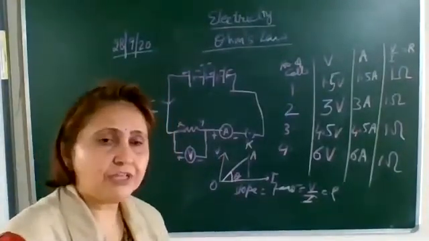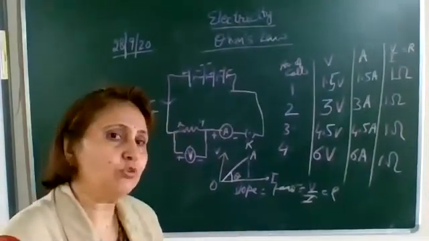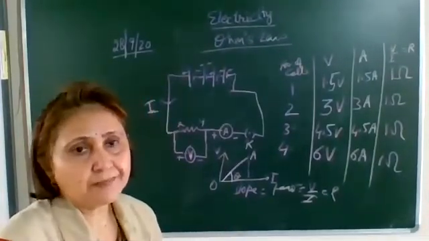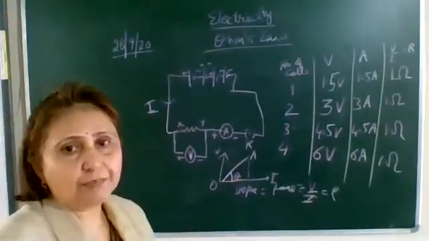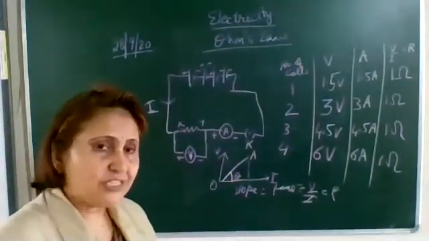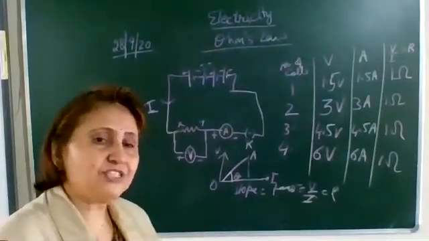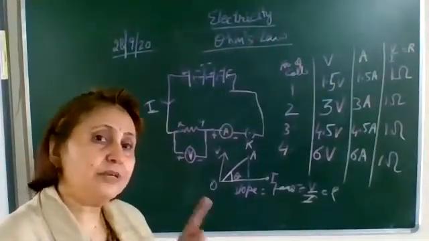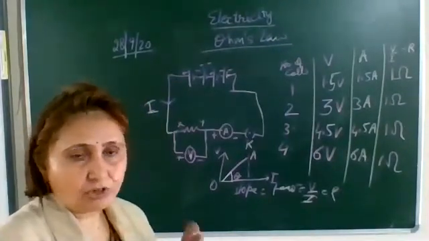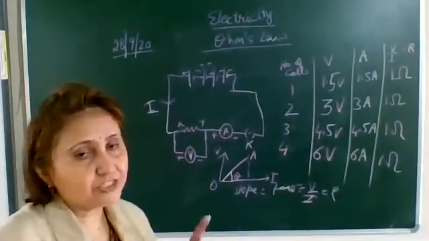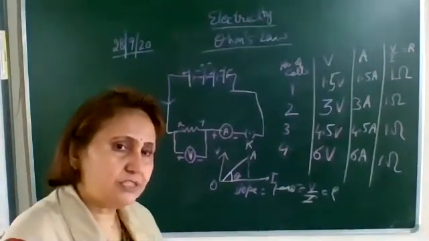So it is the property of a conductor to oppose the current flowing through it, or you may write down to oppose the flow of charges through it. And from this formula we see that resistance is V upon I. Resistance is the ratio of potential difference to current, and the resistance for a given conductor is constant provided the physical conditions are the same. The physical conditions like the temperature do not change. Then the resistance for a given conductor is constant.